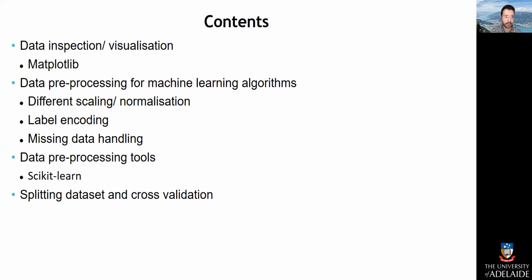If it is a public data set, there are papers on it and you probably can skip this, but most of the time in real life, in practice, it's better not to. We see how to do some of the common visualizations with Matplotlib, a library in Python. And we see some of the data pre-processing steps that most machine learning algorithms, irrespective of your task, need to deal with.